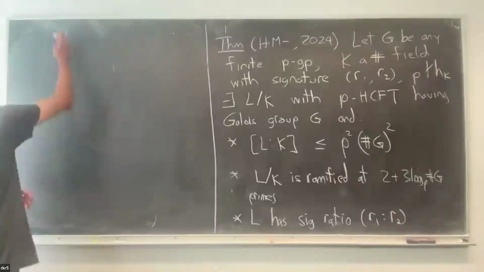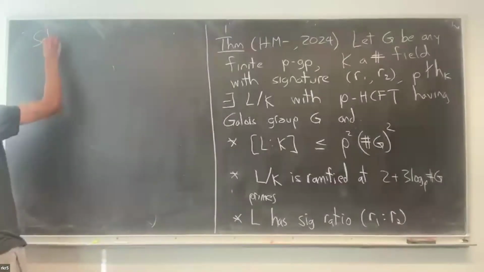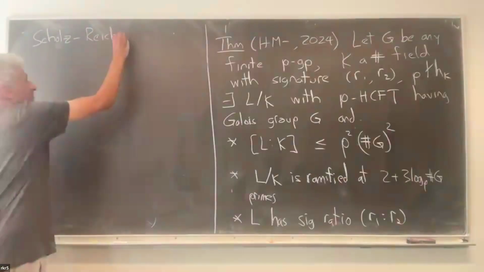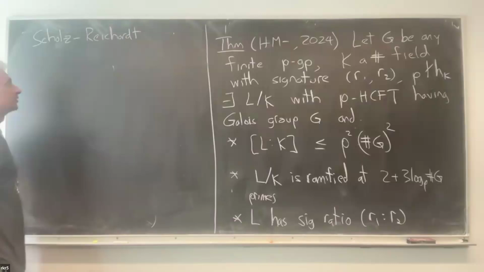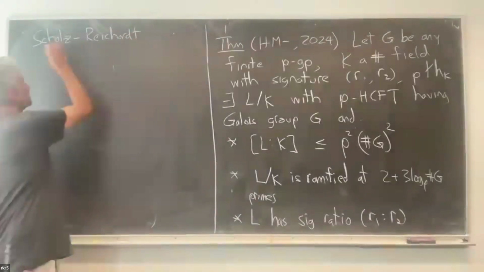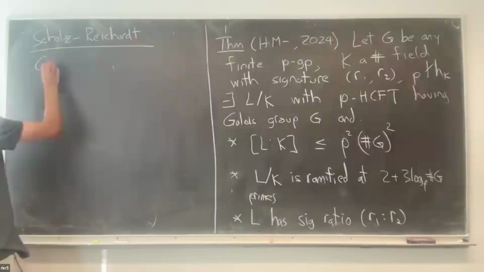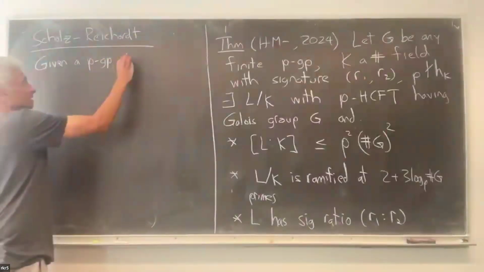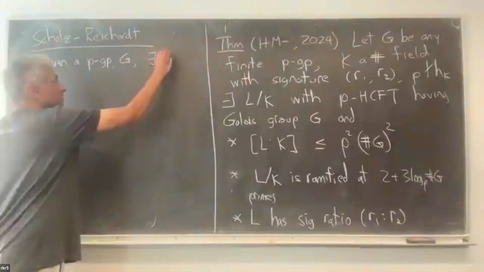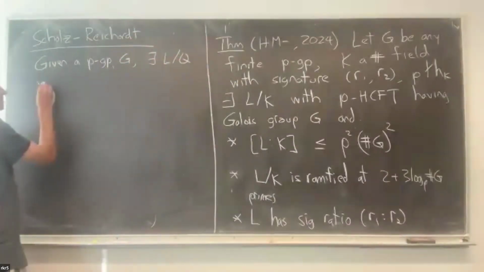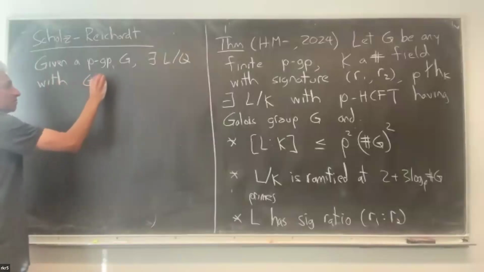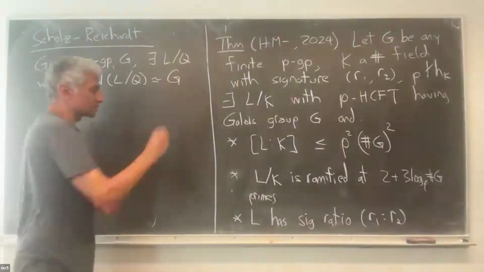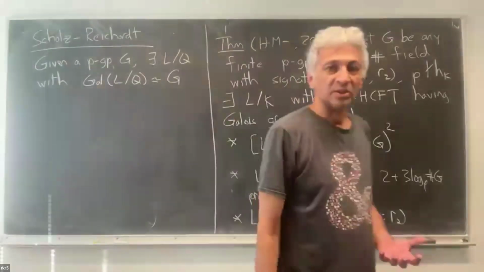So let me recall a beautiful theorem that's almost 100 years old now. I think in about 10 years, it turns 100. It's the inverse Galois theorem for P groups.